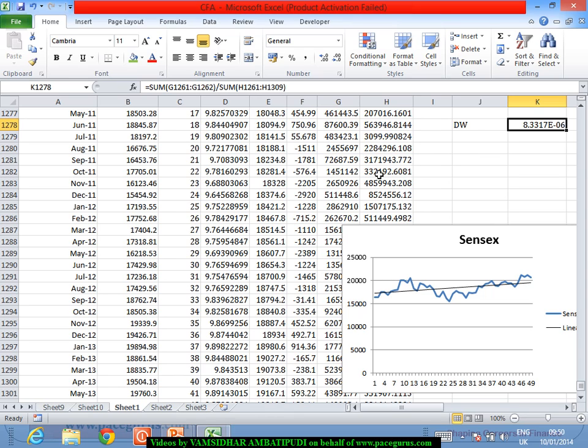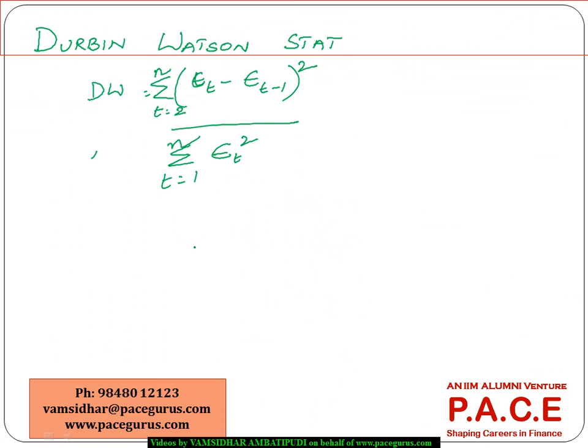This is the Durbin-Watson statistic, which we have got very close to 0, about 0.00008.